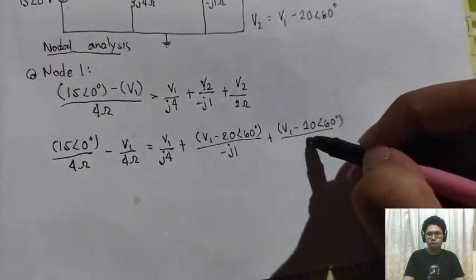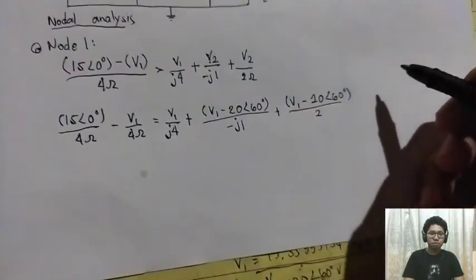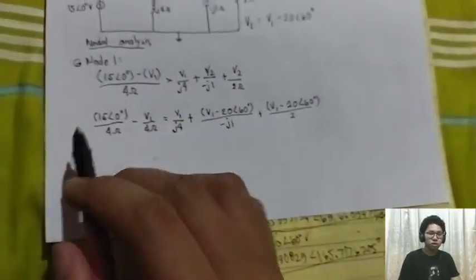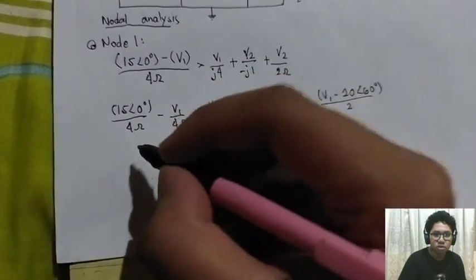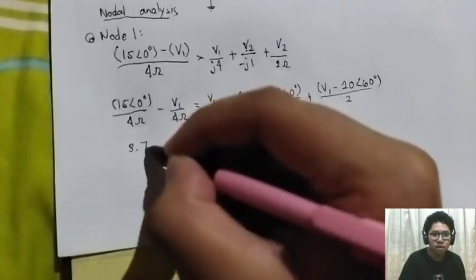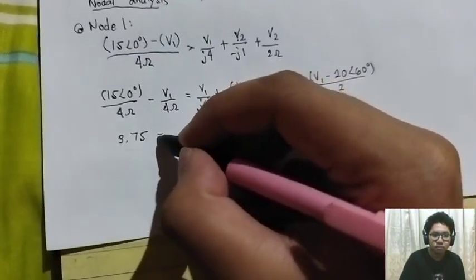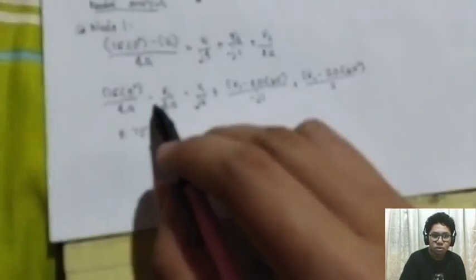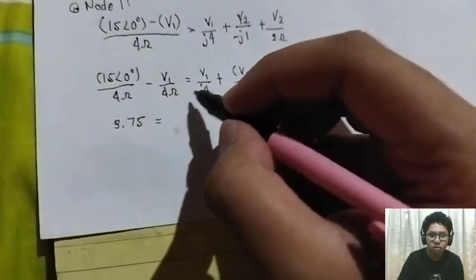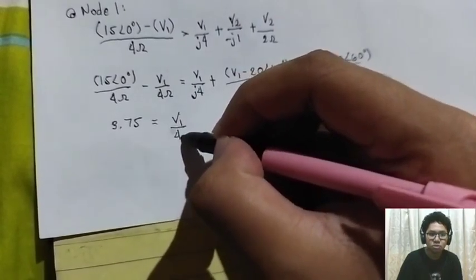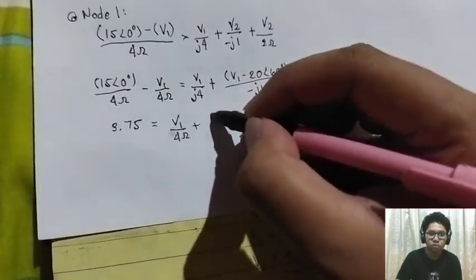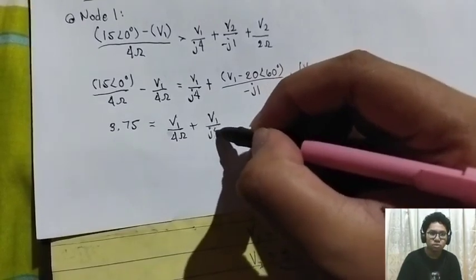So 15 angle of 0 divided by 4 is just equal to 3.75. We will transpose this V1 so that the similar terms are grouped in one side of the equation.